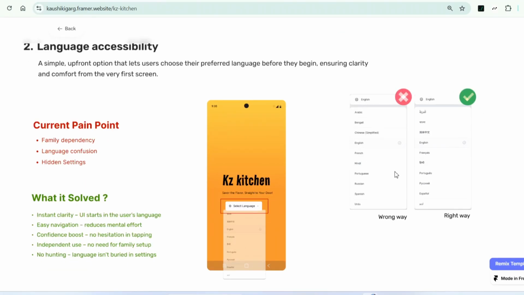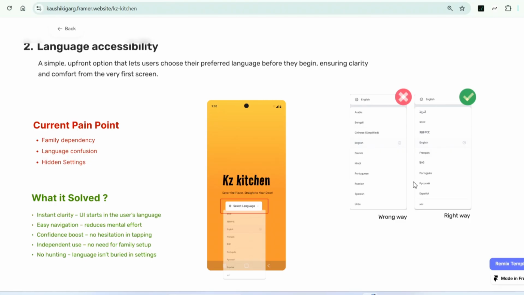Also, this is the wrong way of giving a language drop down. For example, can you see this first point, which is written in Arabic or something? I'm not sure which language this is, but what if every option was given in this language only?